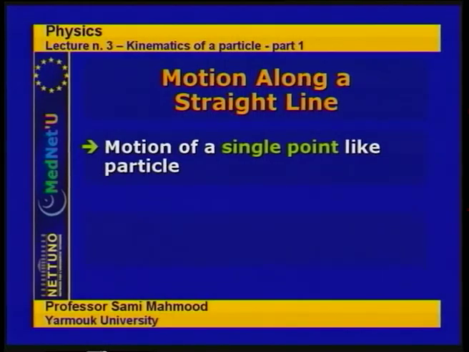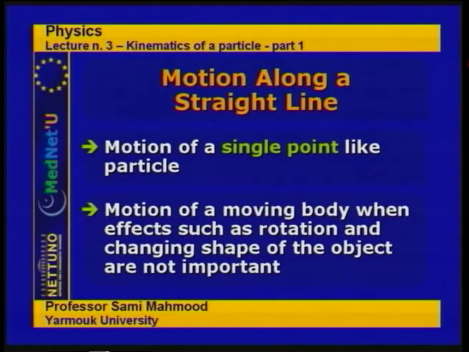Also, motion of a single particle would represent the motion of an extended body, an object with dimensions, but under the condition that every part of that object is moving in exactly the same way, the same speed, the same velocity, the same acceleration, and the same direction.